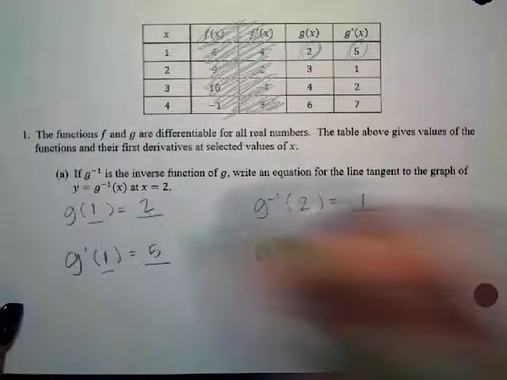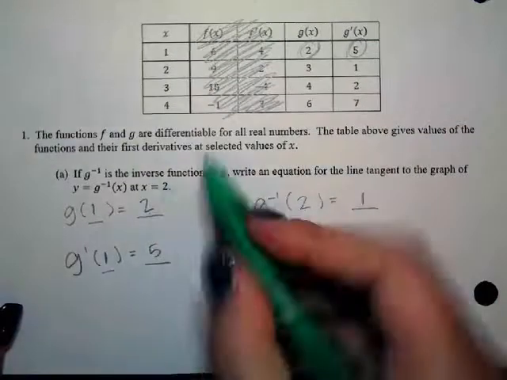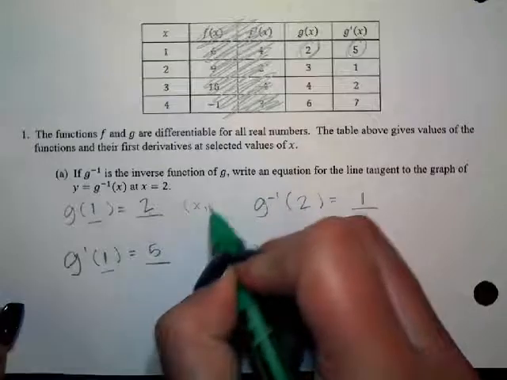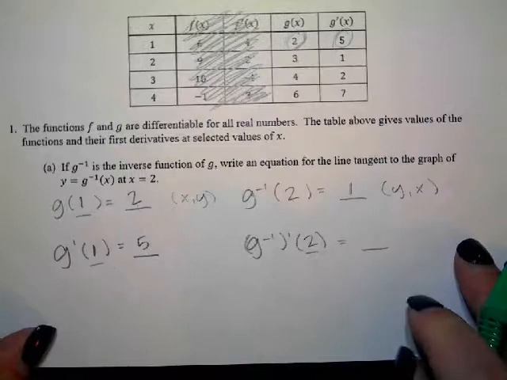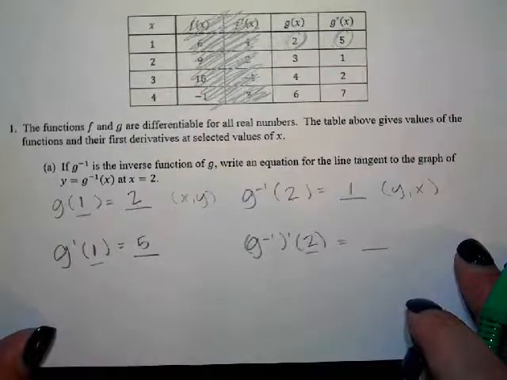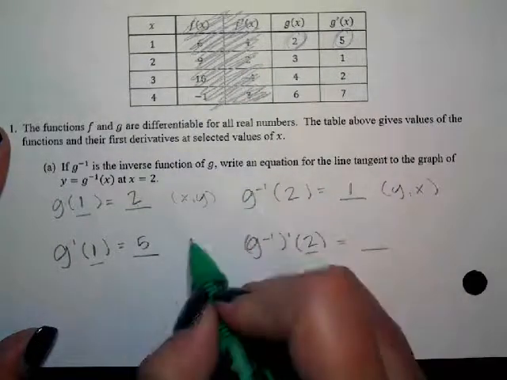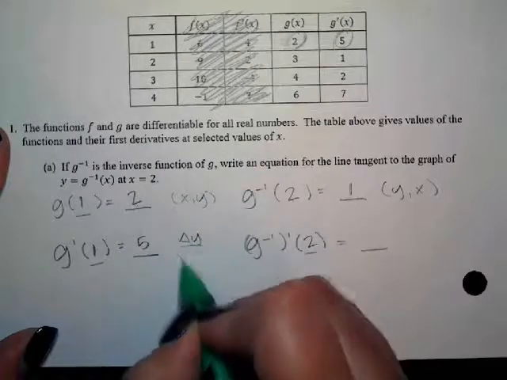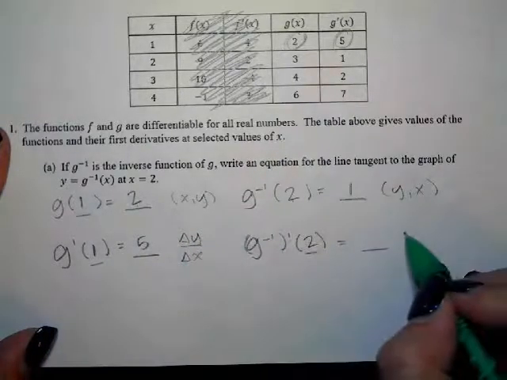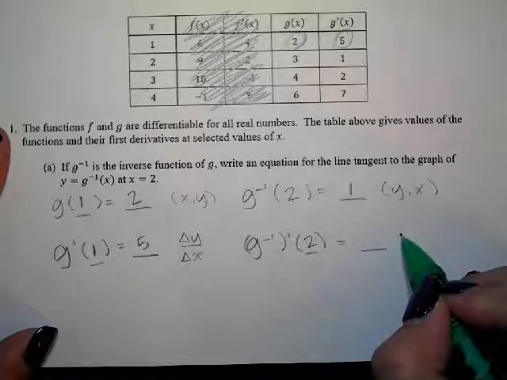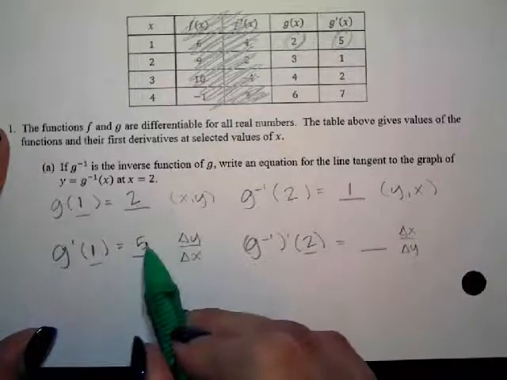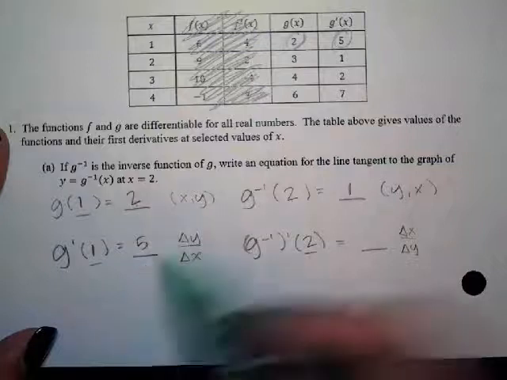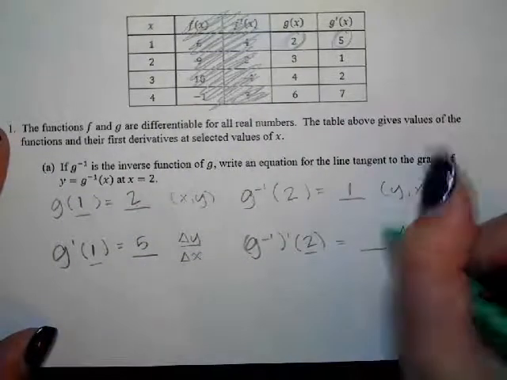Okay. All right, so what we have here is that xy becomes yx, right? That's what we know about inverses. Xy becomes yx, okay? And with our slopes, change in y over change in x becomes what? Change in x over change in y. So if this is 5 over 1, what's this going to be? 1 over 5.